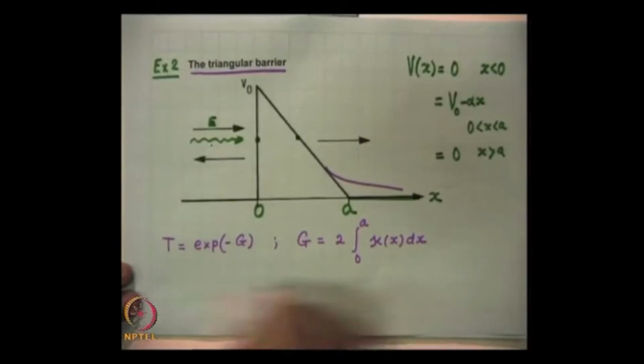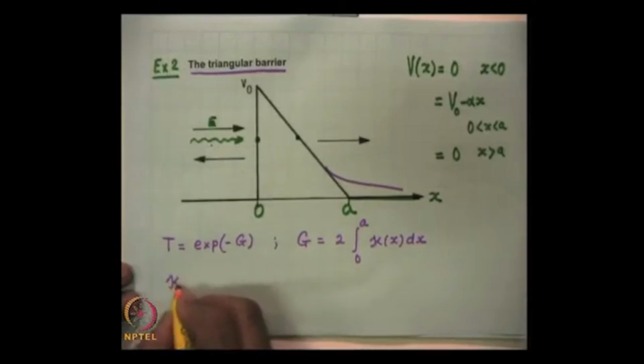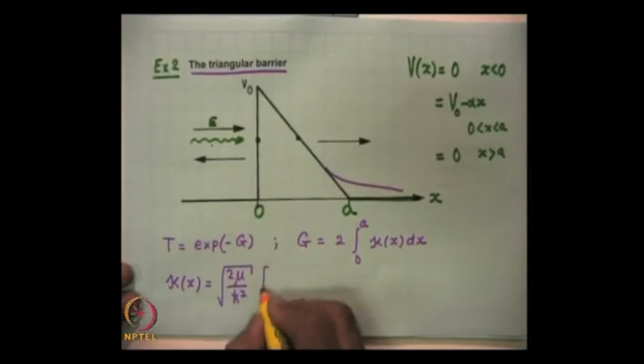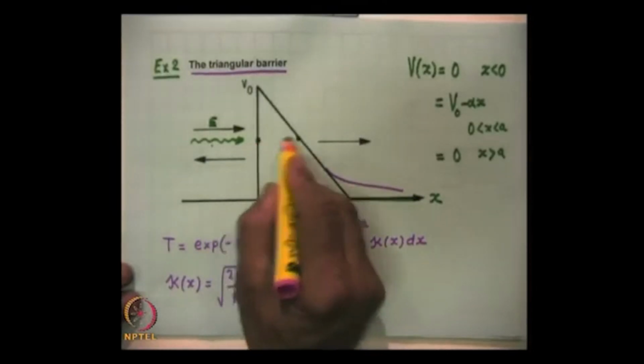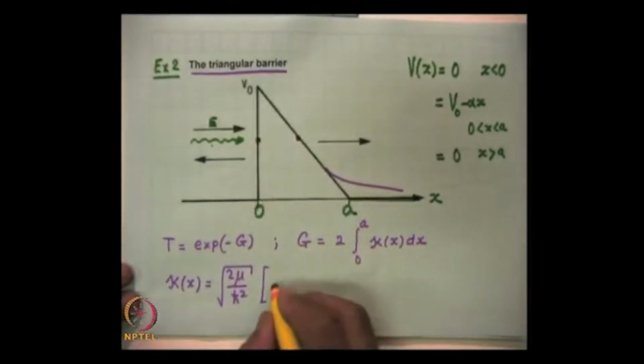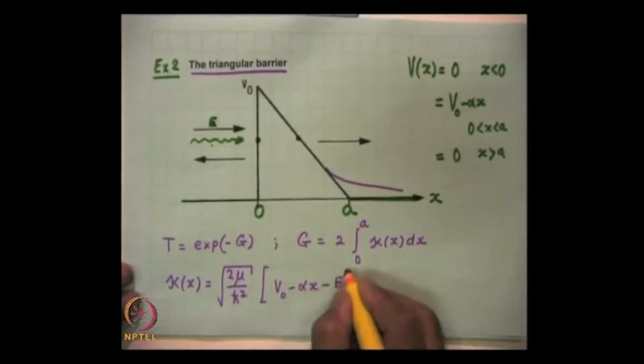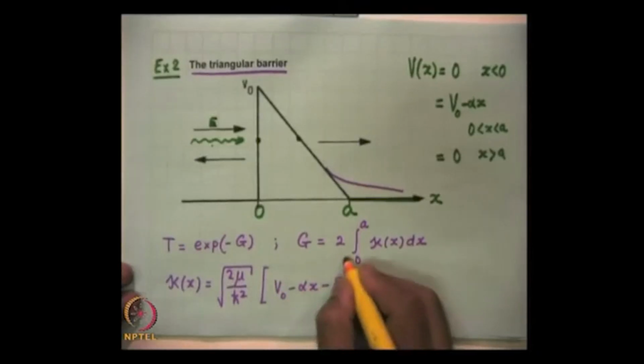And what is kappa of x? So, kappa of x is equal to 2 mu by h cross square under the root V of x in this region between x is equal to 0 and a, V0 minus alpha x minus E, raised to the power of half.